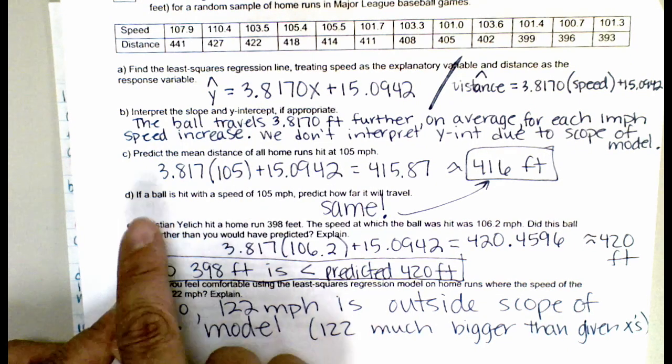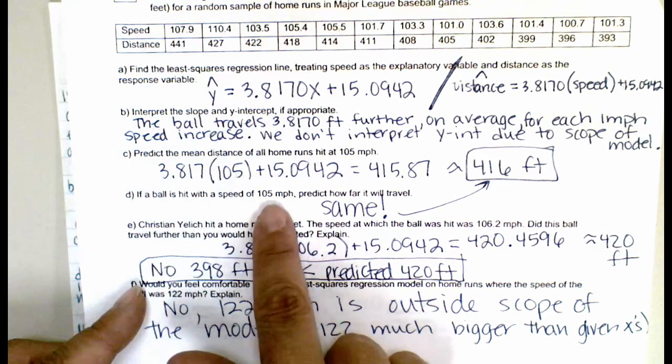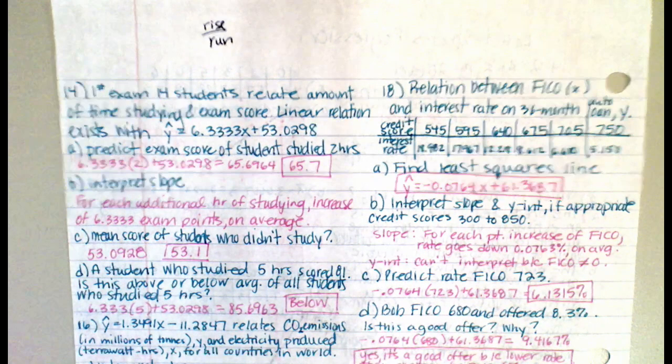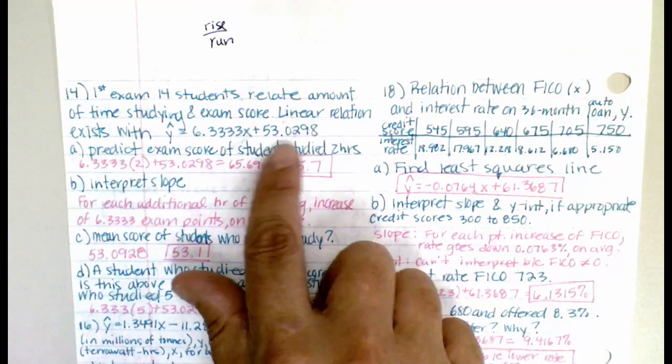Part D asks you to find a specific distance for a particular x. Both of those are doing the same thing. We're just plugging it in. So didn't study means 0 studying. It's asking you, if x is 0, what is y? In this case, that would be your y-intercept value.